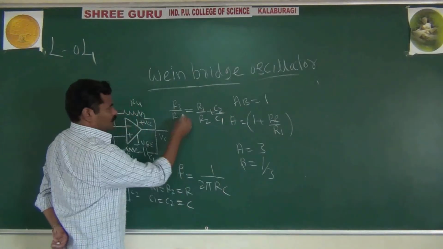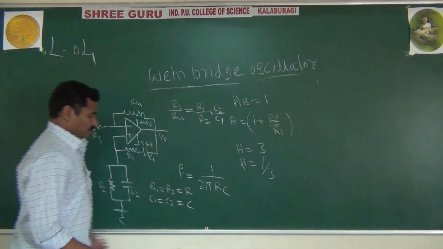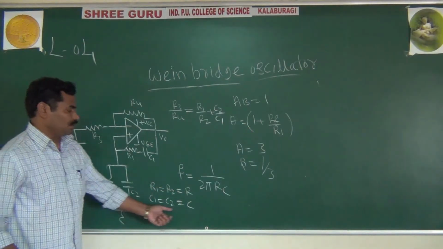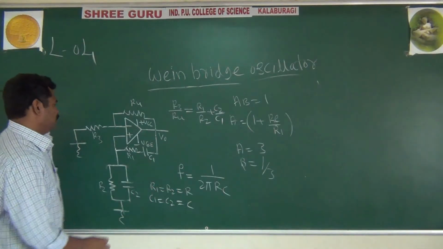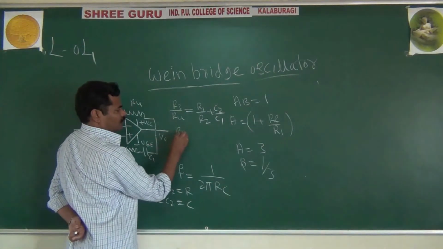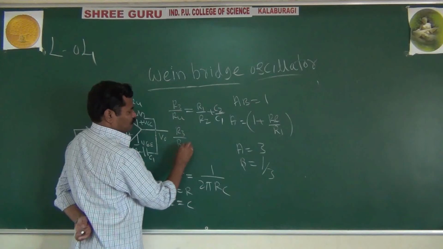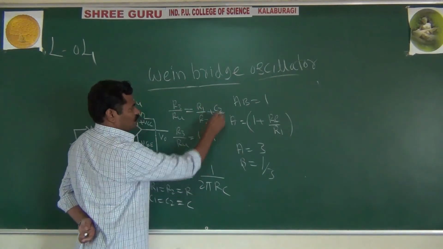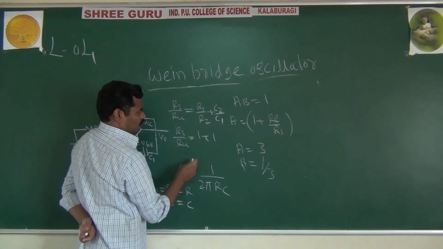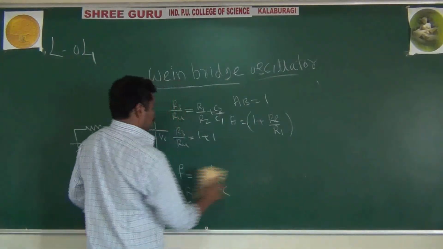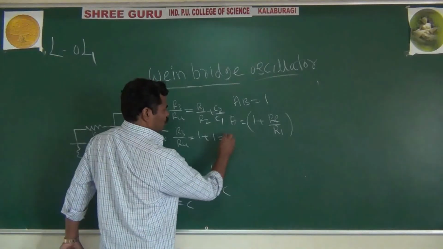And if you consider, as I said, R1, R2 equal to R and C1 equal to C2 equal to C, you can get R3 and R4. Then R3 by R4 equals 1 plus 1, because R1, R2, C1, C2 are the same, so this is equal to 2.